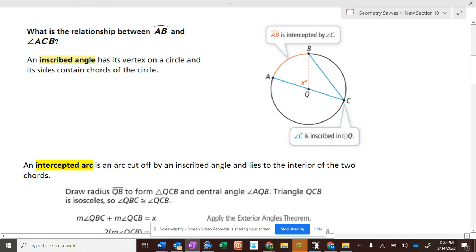Okay, an intercepted arc is here, an inscribed angle is here. An inscribed angle has a vertex on the circle, and its sides are chords of the circle. So when the vertex is on the circle, it's an inscribed angle. Angle Q here is a central angle. So there's a difference between a central angle and an inscribed angle.